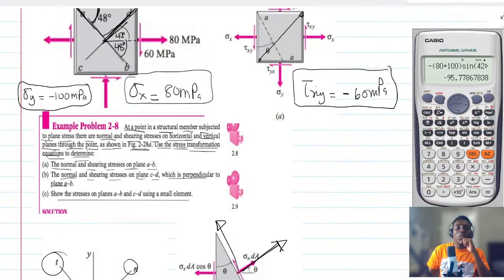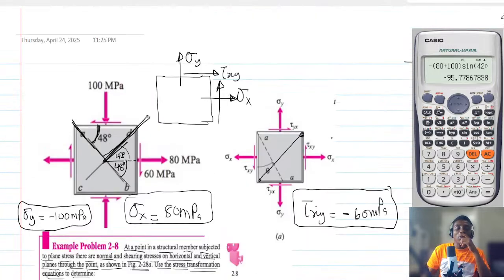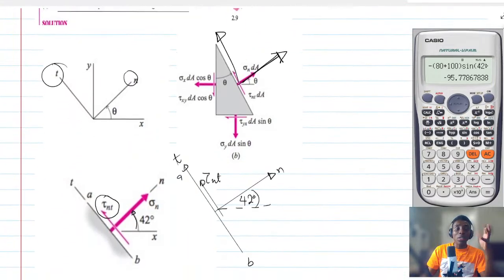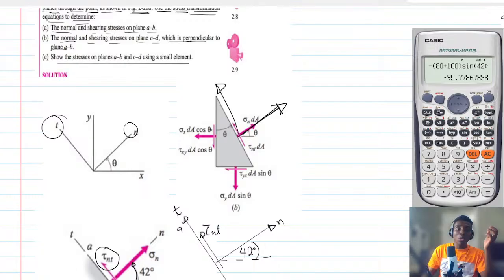But you can also take CD and do the same thing. If you take CD, you get the same thing. So it's just formula work. Just know the angle theta and then know how to swap it.